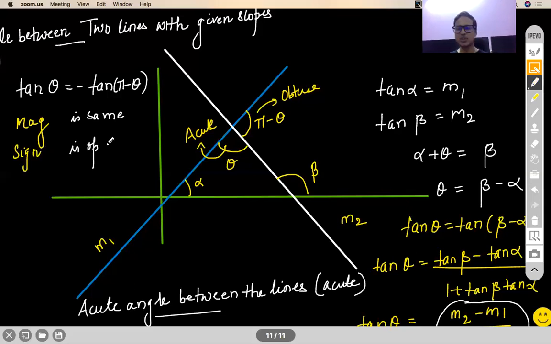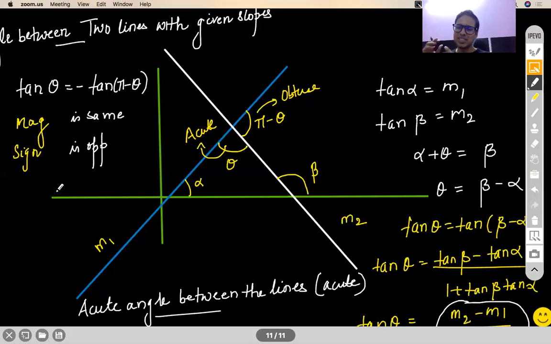So if you find tan of an angle and you realize that you are getting, let's say, 1 by 2, then tan inverse 1 by 2 will give you the acute angle, and pi minus tan inverse 1 by 2 will give you the obtuse angle.